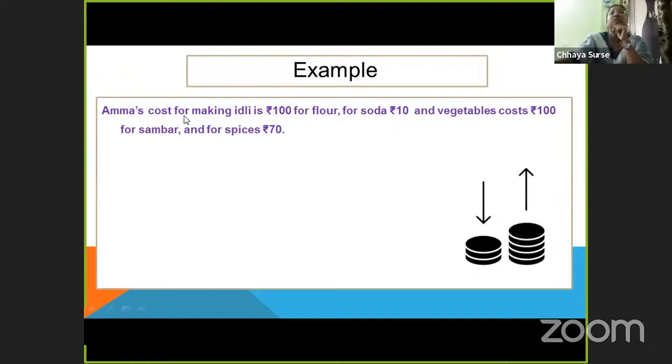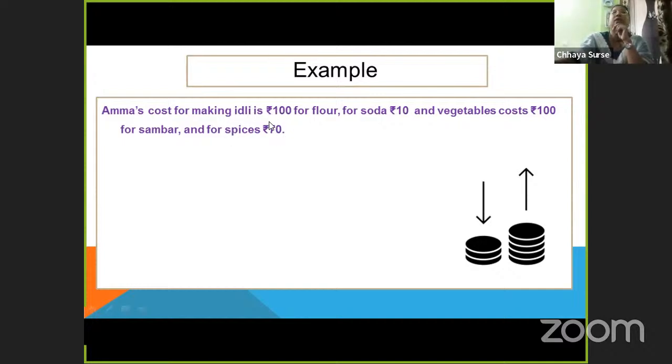Amma's cost: 100 rupees for flour, 10 rupees for soda, vegetables cost 100 rupees for sambar, and for spices 70 rupees. So Amma invests this to make the idli and sambar.